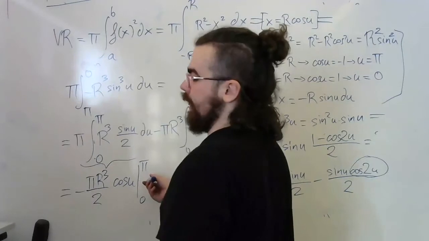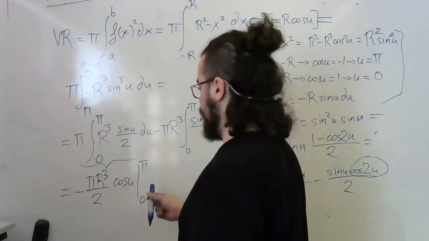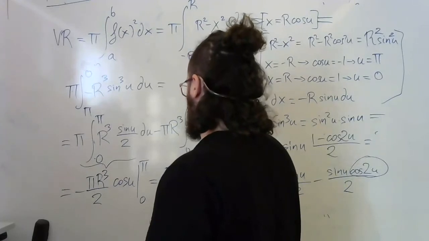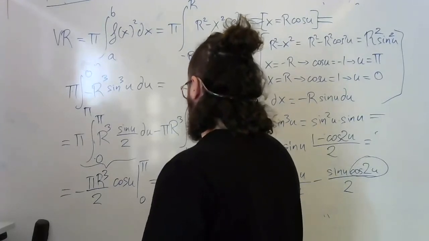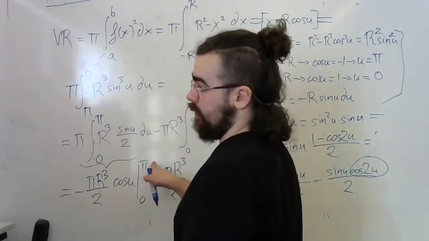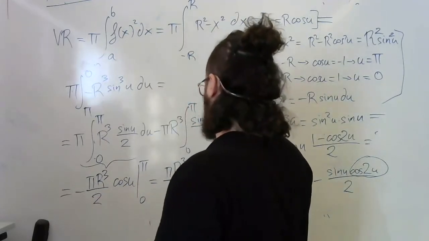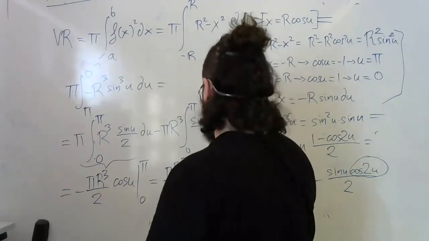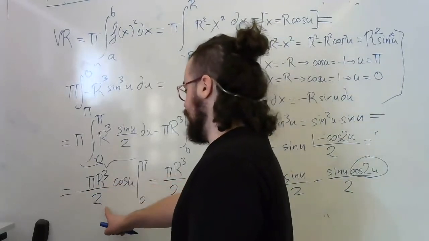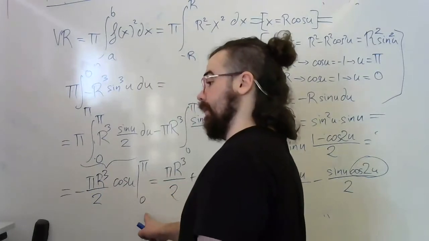Now, cosine of pi is minus 1. So this is pi r cube divided by 2, the minus with this minus becomes plus, minus with this minus becomes a plus, pi r cube divided by 2 cosine of 0, which is 1.